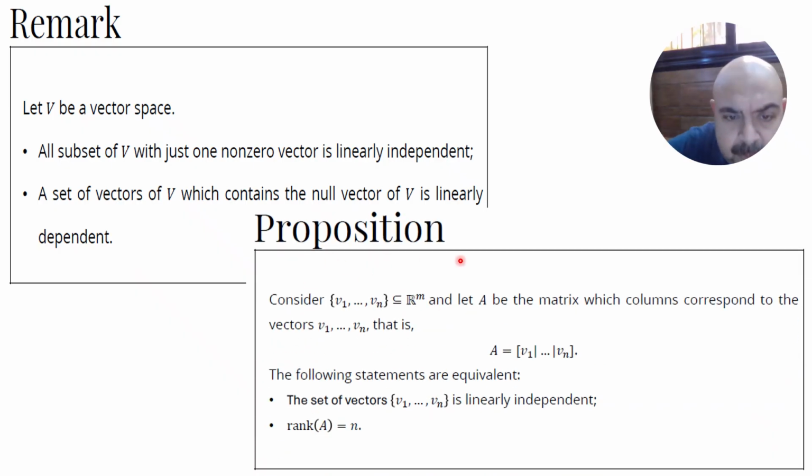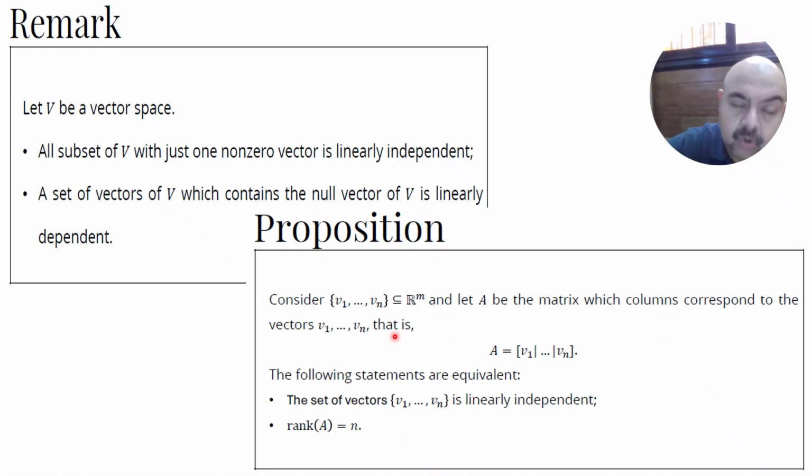Okay, the first proposition, which considers v1 to vn as a subset of Rm, and let A be the matrix whose columns correspond to v1 as a column, v2 as a column, vn as a column. The following statements are equivalent. I already told you about this. The set of vectors is linearly independent. It's exactly like telling you that the rank is equal to n, which is the number of variables.